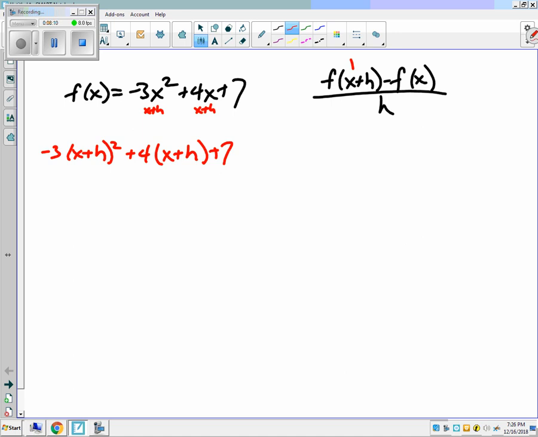Okay, step 2. Step 2, it wants me to subtract off the f of x function that they gave me to start with. What's wrong with that?